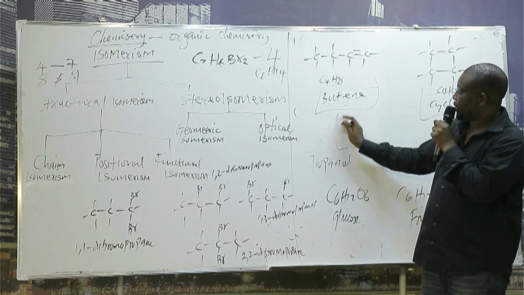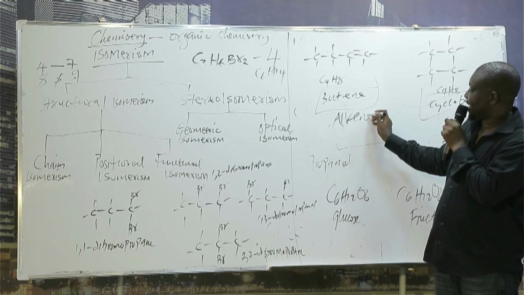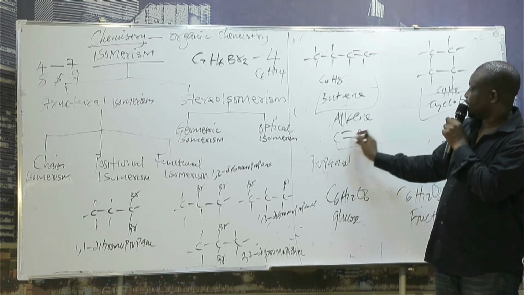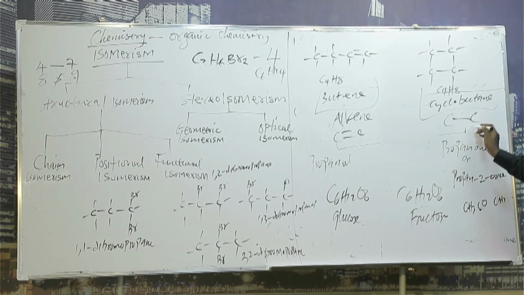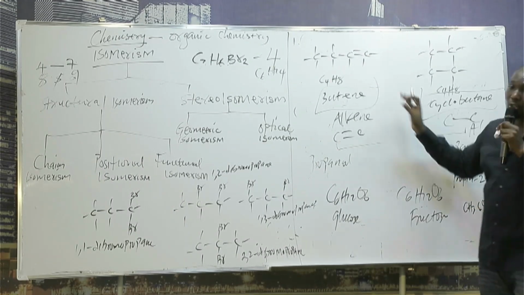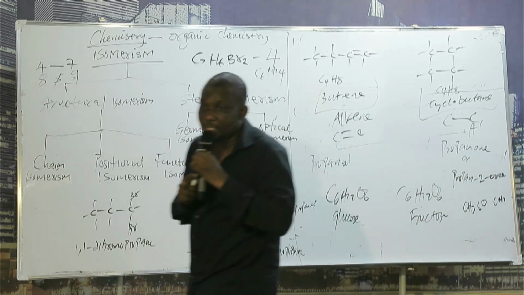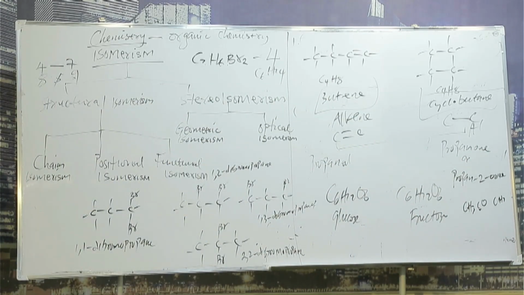Now, butene belongs to the functional group of what? Alkene, carbon double bond. You can see it now. Then this one belongs to what? Carbon single bond, which is alkane. So the two are functional group isomers. But you will not add it to the list of isomers of butene.